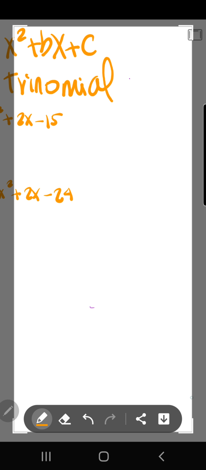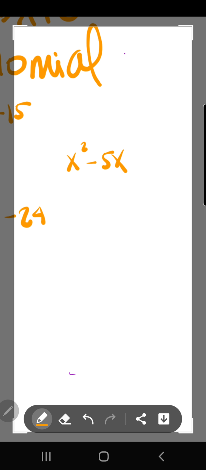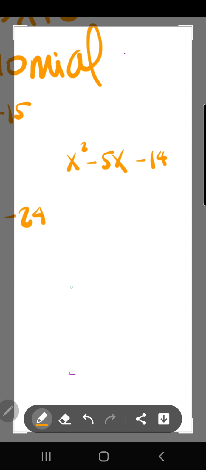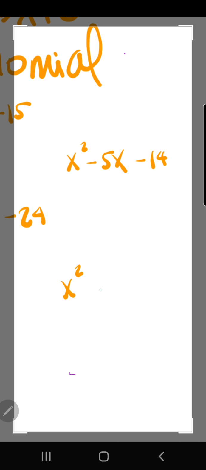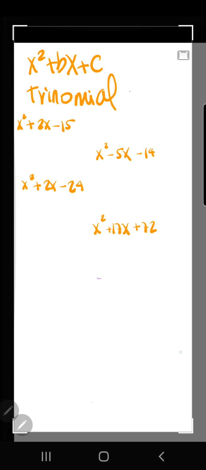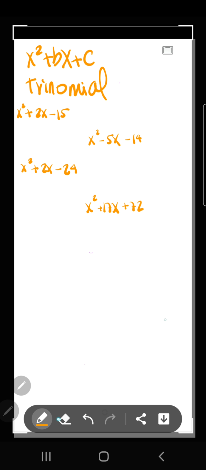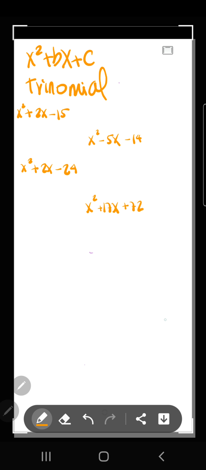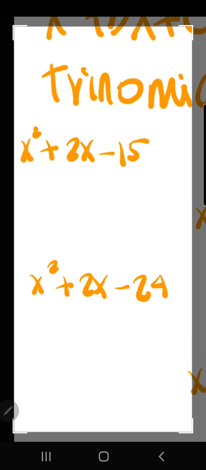The third will be x squared minus 5x minus 14, and the fourth will be x squared plus 17x plus 72. And now the way that we are going to solve is as simple as follows.